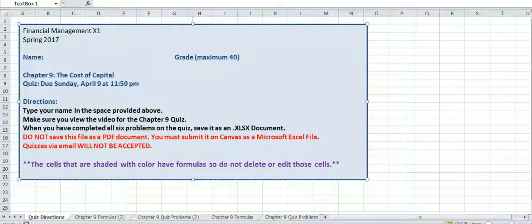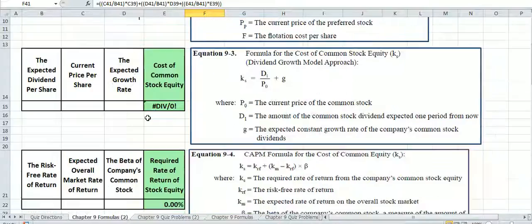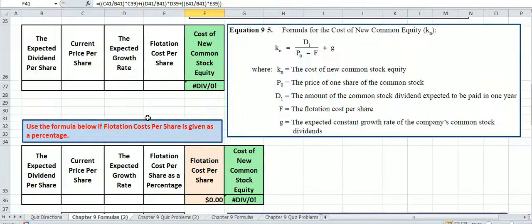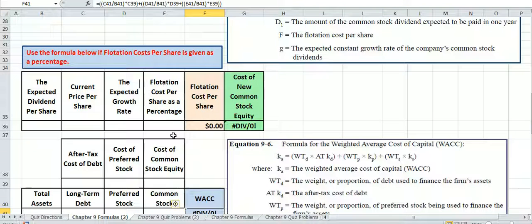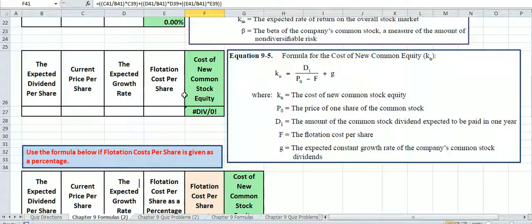There's a couple things I did want to point out though, and I wanted to work one problem for you, just to remind you how it works. If we go to the formulas, sometimes in your problems you're given the variables not as a dollar amount, but as a percentage. For example, if you're given the flotation cost per share as a dollar amount, you would use this formula right here.